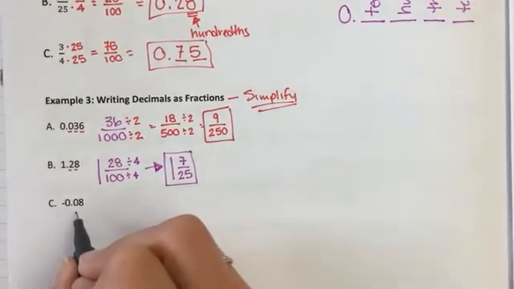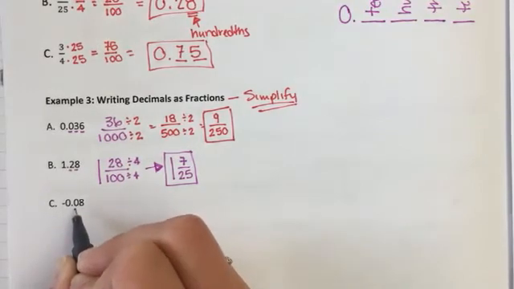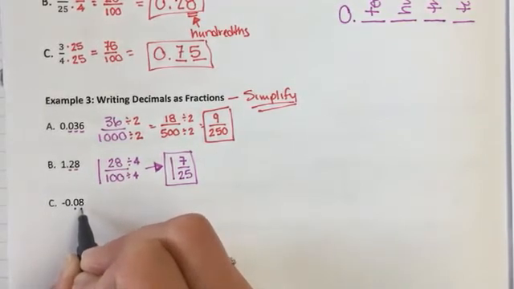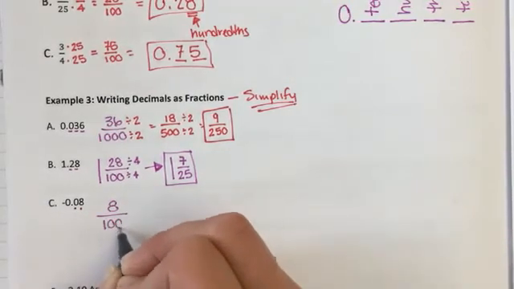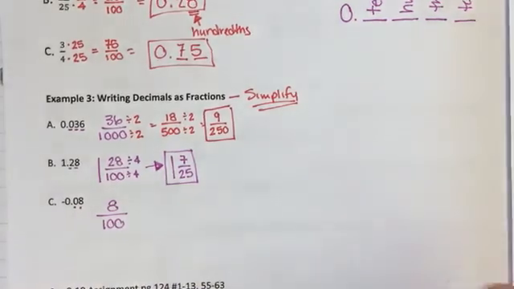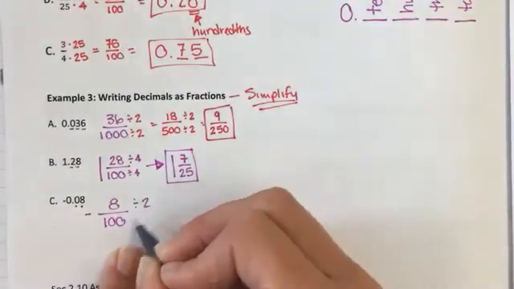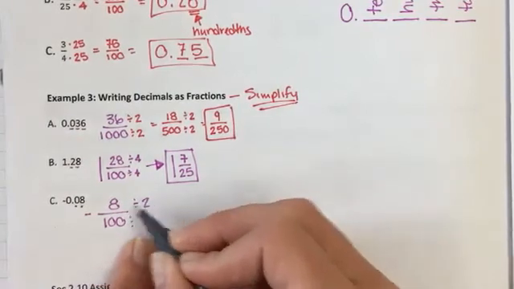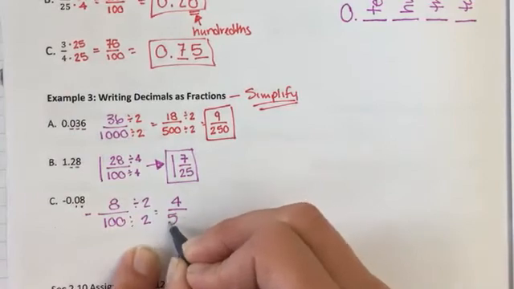Last one here. It's a negative, and that's okay. That means your answer is going to stay negative. Tenths, hundredths. So we put 8 over 100. Now I know that they can both be divided by a 2. Okay. So 8 divided by 2 is 4. 100 divided by 2 is 50.